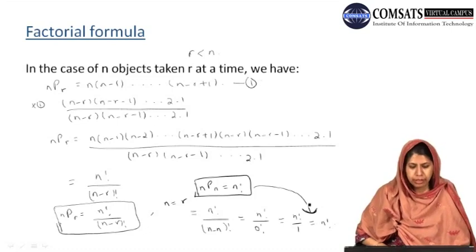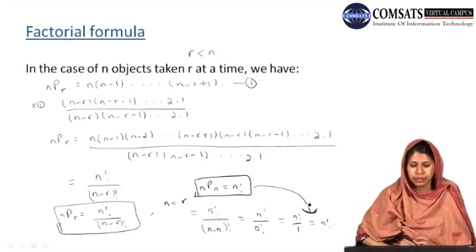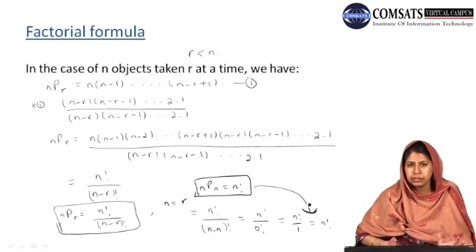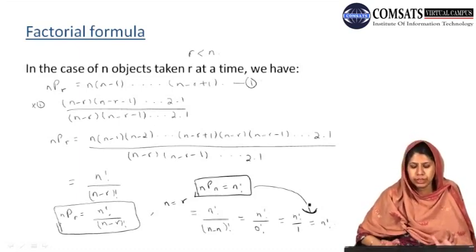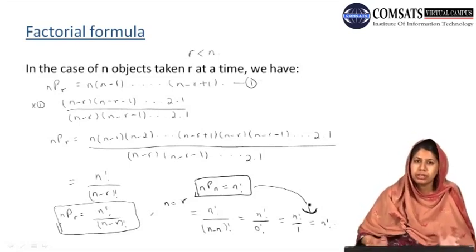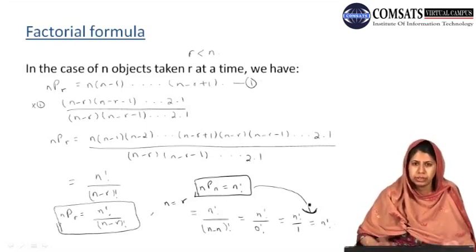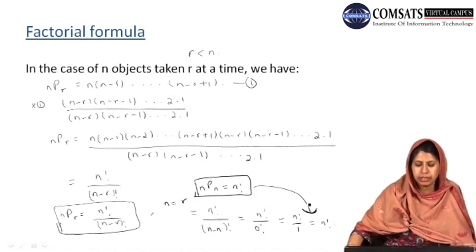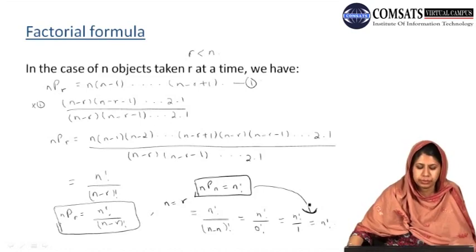So now we have our formula in terms of factorial: if we know the number of objects taken from the total number of objects, we can easily find the number of permutations, or the number of possible arrangements, by our formula n factorial over n minus r factorial.